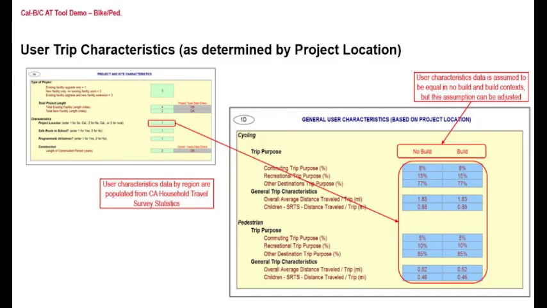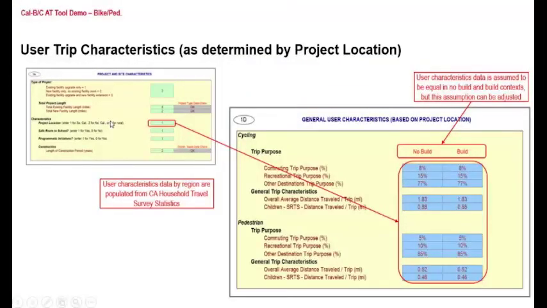The reason they're the same here is because we need to know, this is for trip purpose, to understand why people are making these trips. You may know nothing about what the trip purposes are for your bikes and pedestrians. You may have no knowledge whatsoever. Knowing that there isn't as much information about active transportation modes, we went into the statewide travel survey to collect that data.